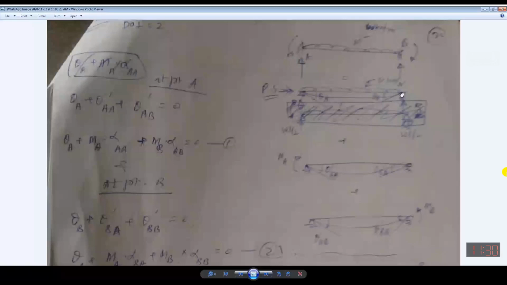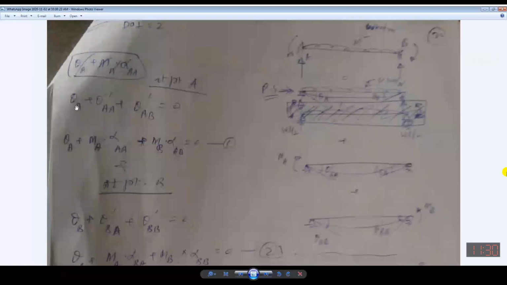You need 2 equations. What are those? Theta A due to applied loading, theta dash A due to redundant moment MA, and theta dash AB due to MB redundant should be equal to 0. This is one equation.